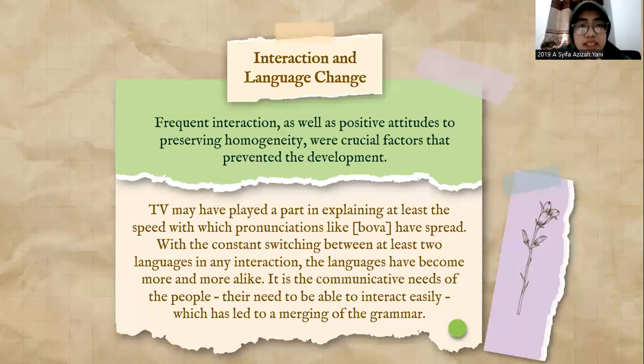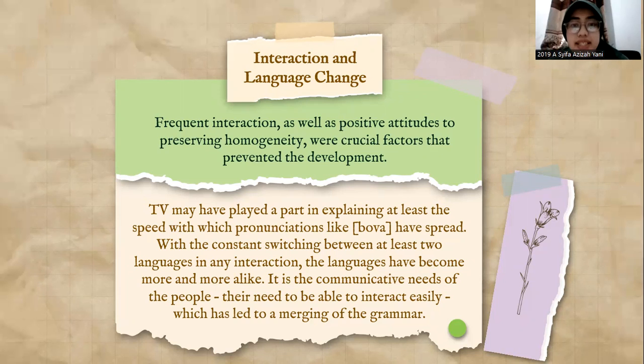Okay, next, the last reason is interaction and language change. Frequent interaction as well as positive attitudes to preserving homogeneity were crucial factors that prevented the development of dialects. One of the best known examples of linguistic conservation is Icelandic. Icelandic has altered relatively little since the 13th century, and it has developed very little dialectal variation.